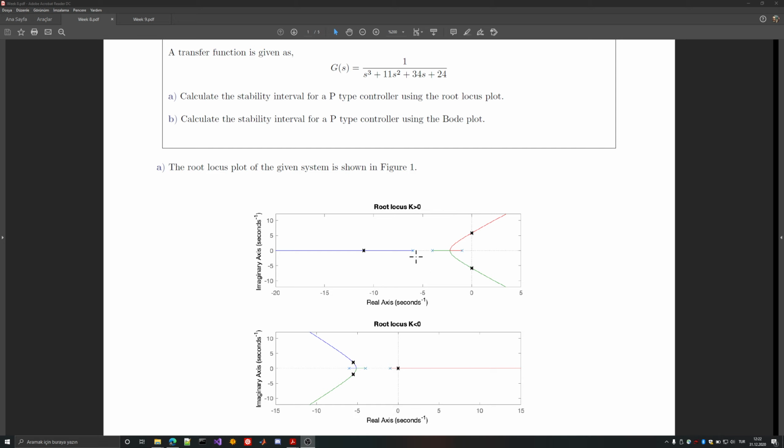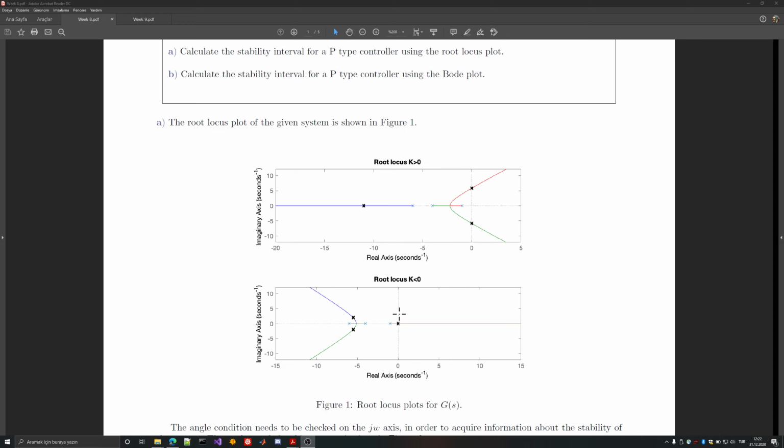We can easily see that the asymptotes will be 60 degrees, minus 60 degrees, and 180 degrees. And if we choose these points, we will see that the pole spread in this case, because we don't have a zero, looks like this here.